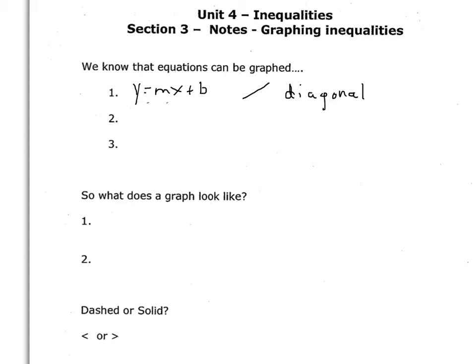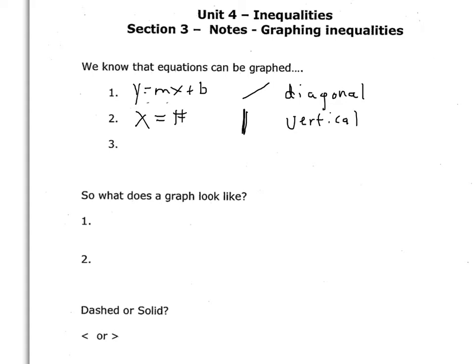Our second way that the equation can be graphed is if you have x equals some number. Any number. If that happens, you're going to have a vertical line.